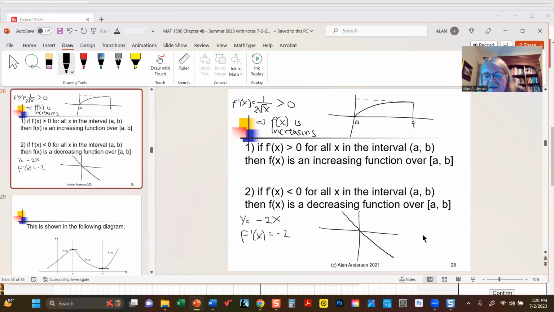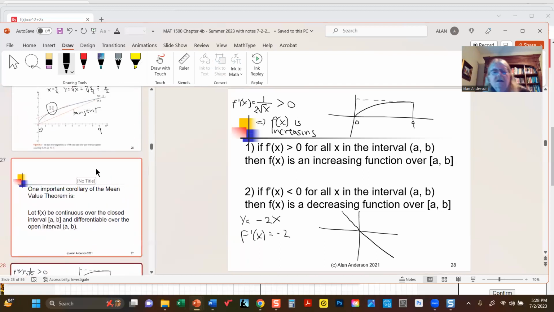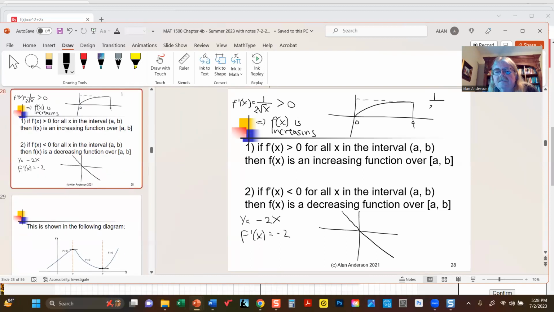If f prime of x is negative for all x in that interval, then it must be a decreasing function. Here, for example, any value of x that you choose between 0 and 9 is going to result in a positive value.